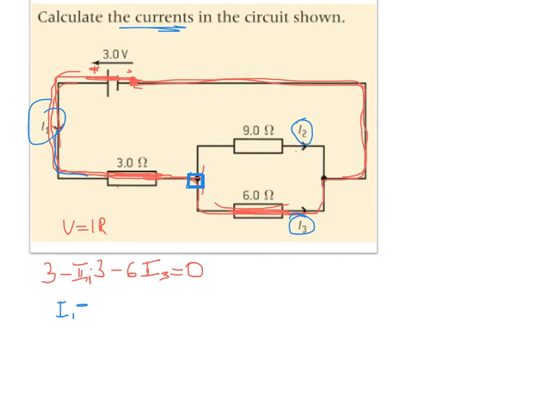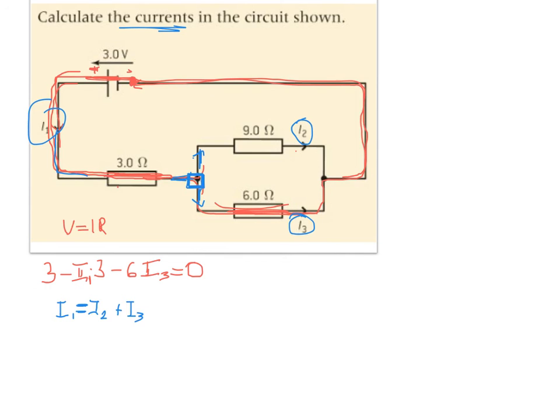That needs to be equal to the currents coming out. I got I2 coming out here, and I got I3 coming out this side. So I1 equals I2 plus I3. And that's Kirchhoff's first law. Whatever's coming in has to equal what's coming out.